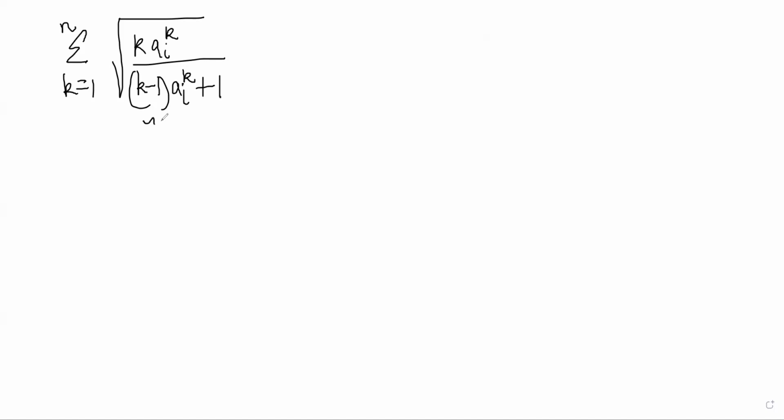Now we know that this term is greater than or equal to what we found out in the previous screen, k times ai power k minus 1. And because it is in the denominator, if you replace it with a smaller quantity, this is going to be less than or equal to, right?